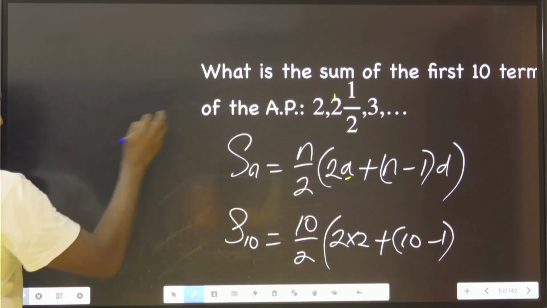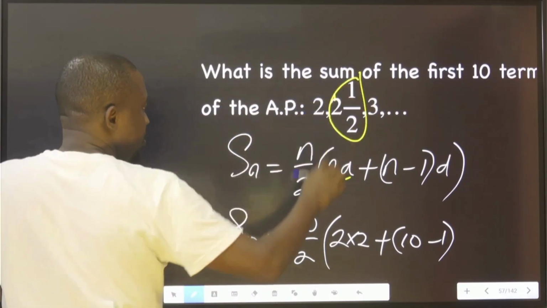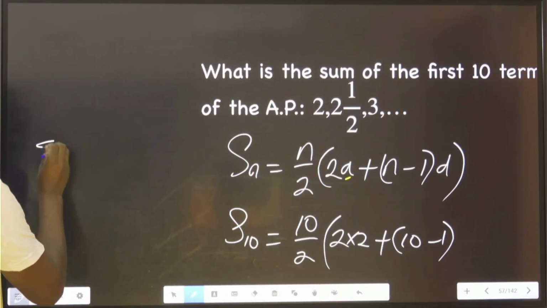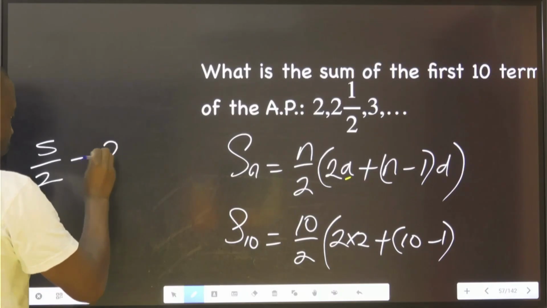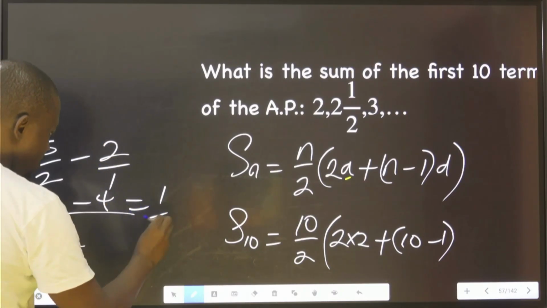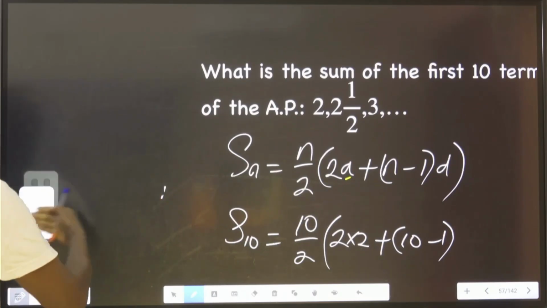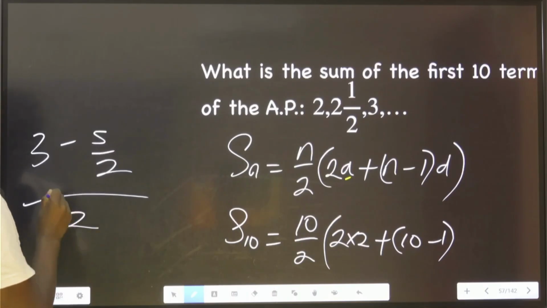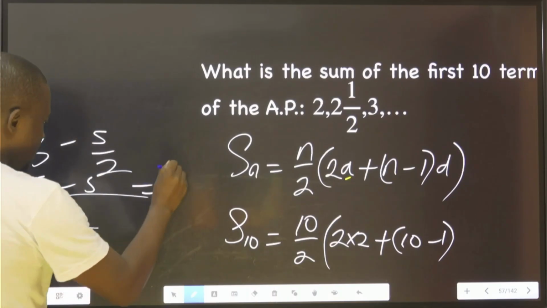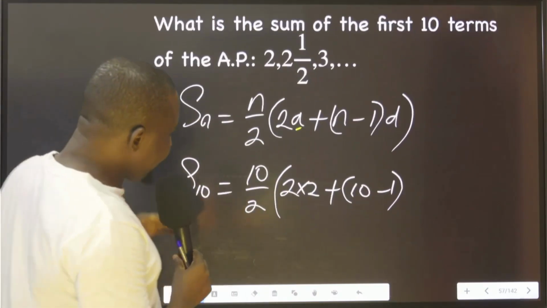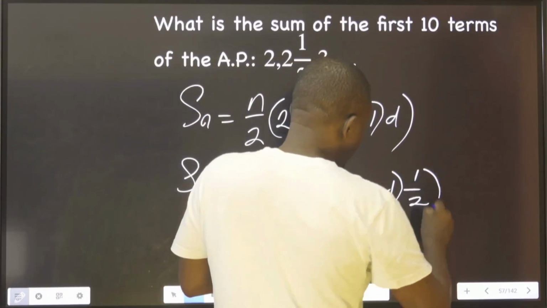This is 5 over 2. 5 over 2 minus 2 equals to 1 over 2, okay? Also, 3 minus 5 over 2 is also 1 over 2, see? So, it means the common difference is 1 over 2.